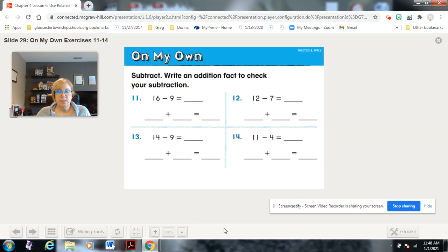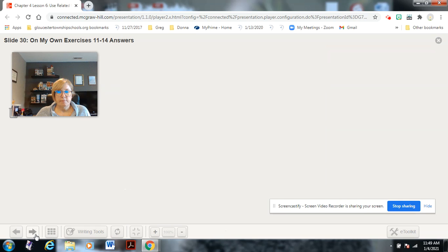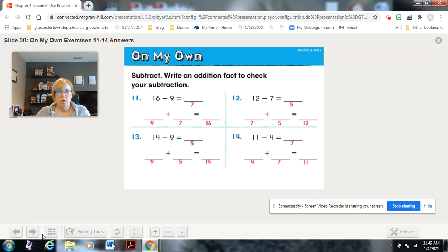Pause and solve now. And here are your answers to check. Notice the 7, and then they took the 9 and the 7, added them, made them the add-ins, and got your sum. Pause to check the rest of your answers.